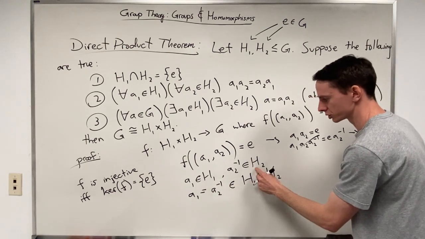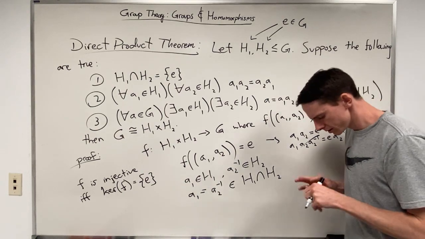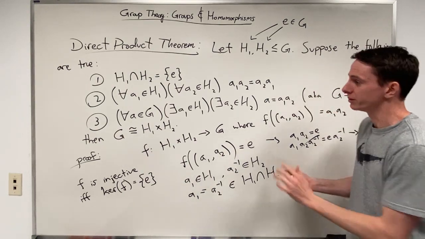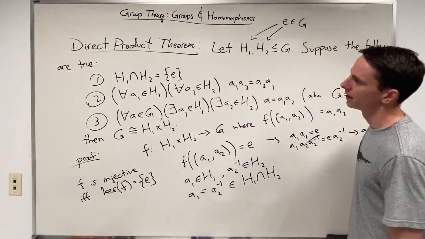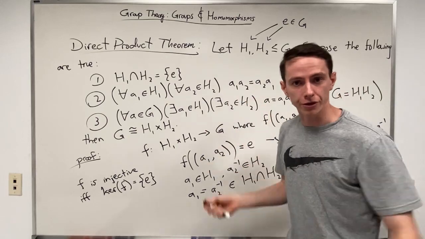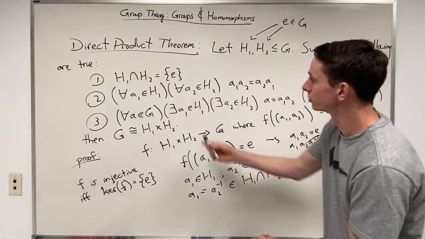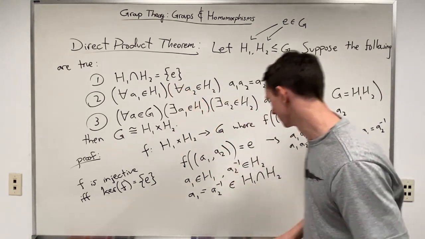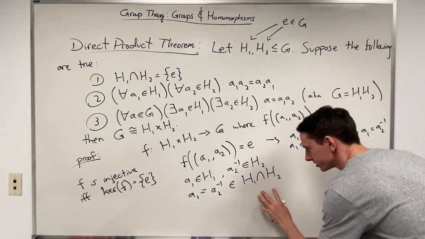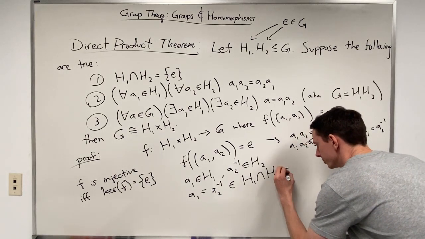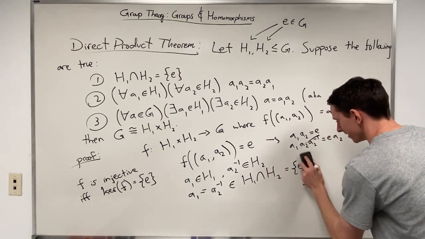If it's in this one and it's in this one, regardless of what we call it, it has to be in both. Now we can be very convenient and use our condition number 1 right here. We haven't used that one yet, and this necessarily needs to be true for the theorem to work. The first condition is that this intersection needs to equal the set that only has the identity element in it. So what we are saying is that this set, the intersection of H1 and H2, is simply the set containing the identity element.